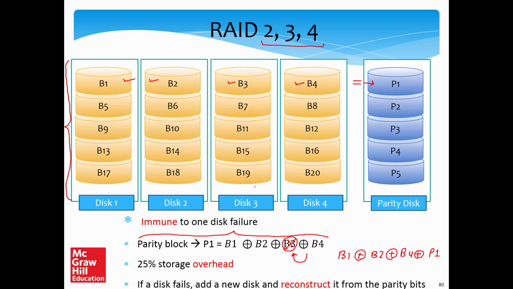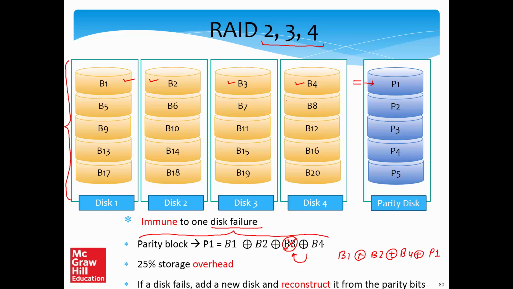So if there is a single disk failure, there is still no issue, there is no loss of data, because with the parity information, we can recover the data. And we can add a new disk in its place, which of course starts out empty, and we can reconstruct its contents from the parity bits.